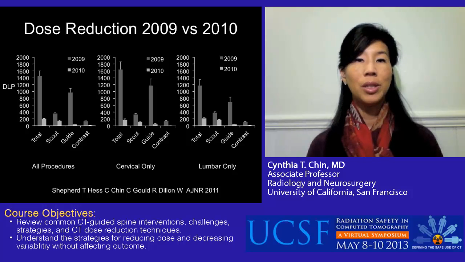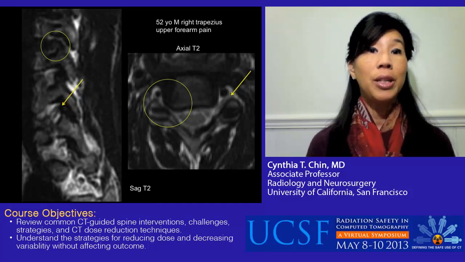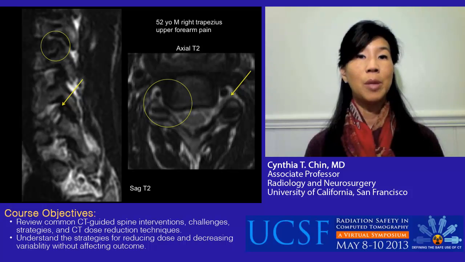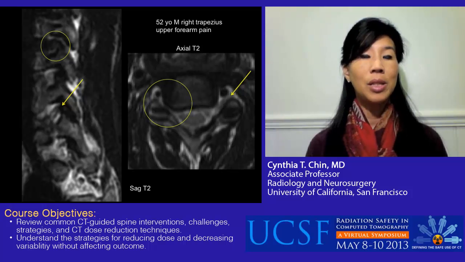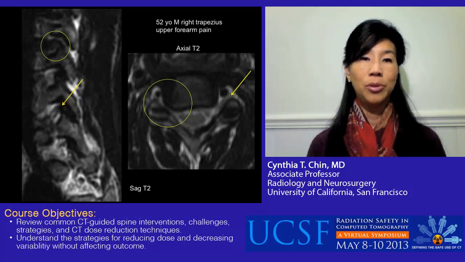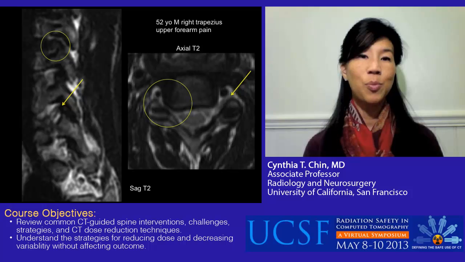Our next slide shows an example in a patient who had right trapezius and upper forearm pain. And we can see sagittal and axial MR-T2 sequences shows arrows pointing to a relatively open foramen and normal nerve root on the left, and circles around the C5-6 right foraminal space, which is significantly and severely compromised by uncovertebral and facet arthropathy.